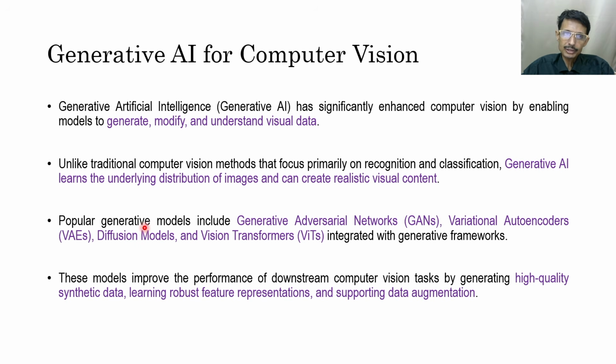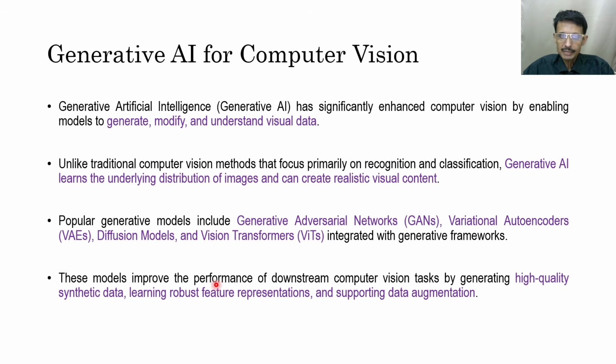Now, what are the popular generative models that we should know? We already know generative adversarial networks, in short GANs, variational autoencoders (VAEs), diffusion models, vision transformers, and many more integrated with generative frameworks. These are the things that in this course we are going to address in depth.